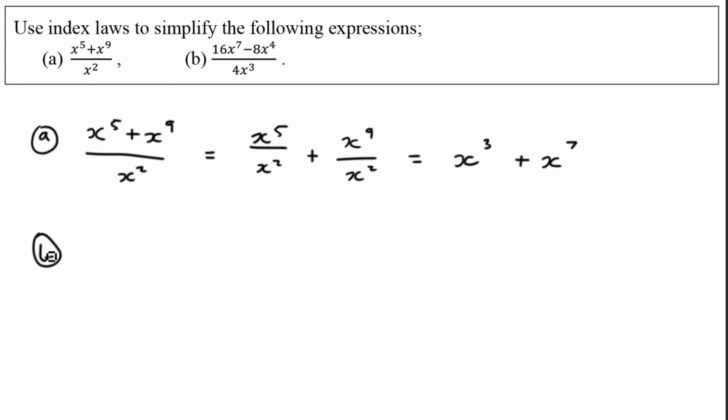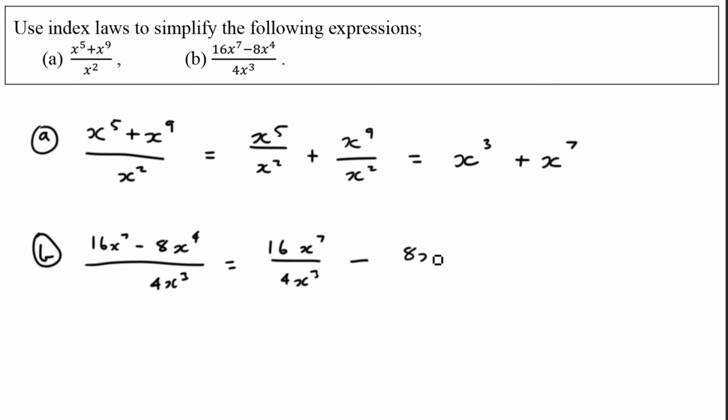Part B is very similar. If we start off with (16x to the 7 subtract 8x to the 4) divided by 4x cubed, we should again begin by splitting this into two fractions. 16x to the 7 divided by 4x cubed, subtract 8x to the 4 divided by 4x cubed, and it may be best to split each of the fractions into two pieces, one involving the numbers and one involving the powers of x.